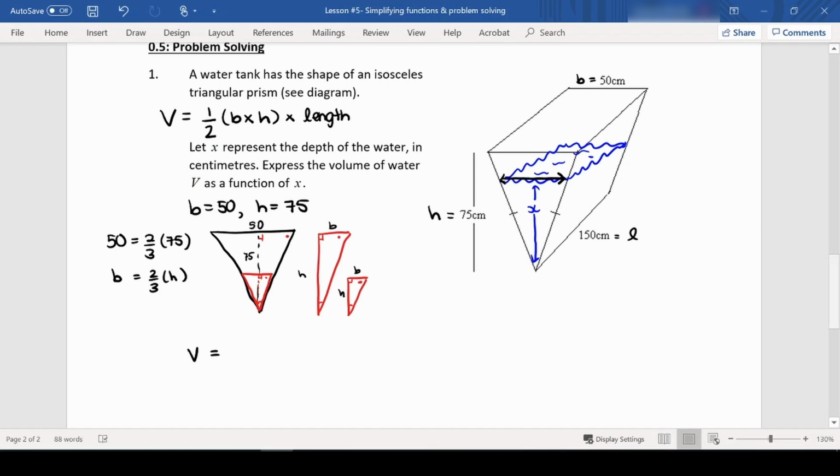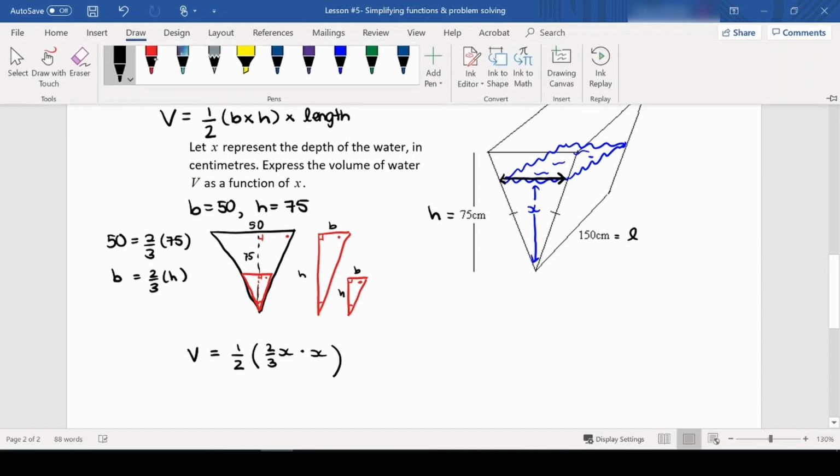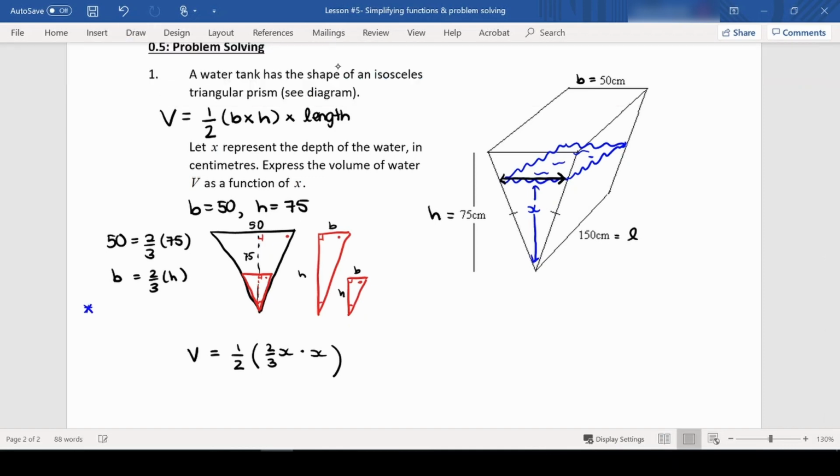I know the height in my little triangle is actually called X, okay? So I would have half. Instead of having B, I actually have 2/3 X times X because my height of my water is X. Okay?